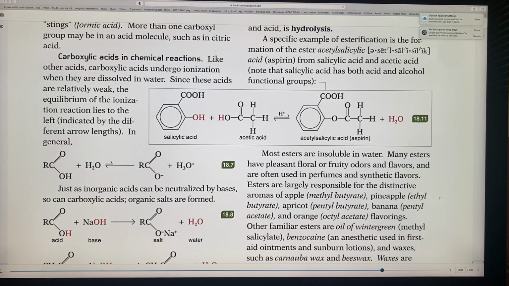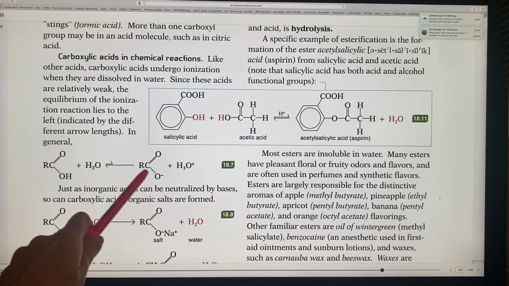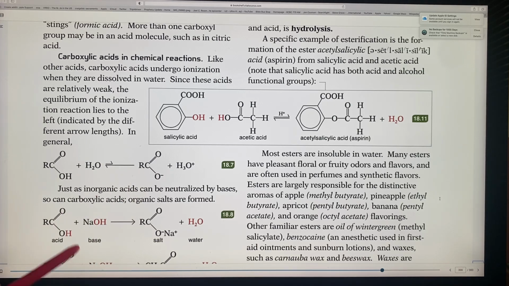Here we have a picture of that. You have the carboxylic acid, with the equilibrium favoring the left, and here you have it producing the hydronium ion.